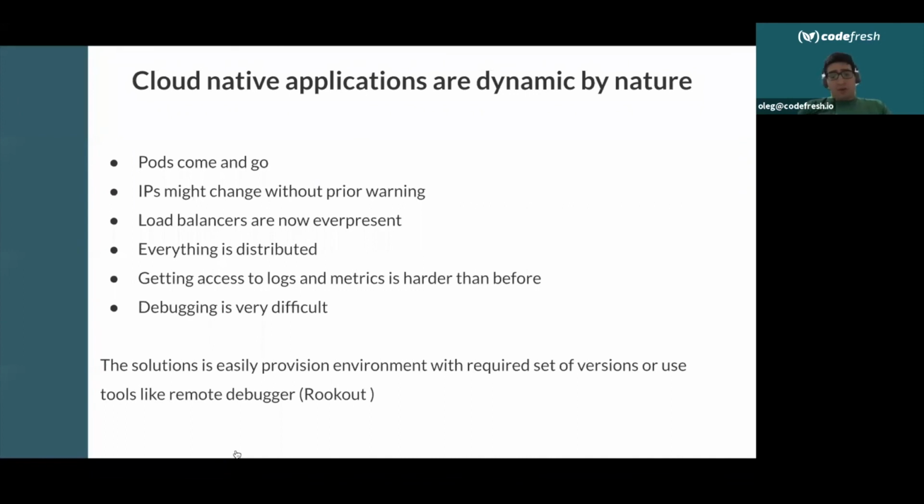Or there are interesting tools and services like remote debuggers or Kubernetes debuggers, such as the company Rookout, etc., that help you to actually debug the live system in a non-intrusive way. So I think it's helpful as well.